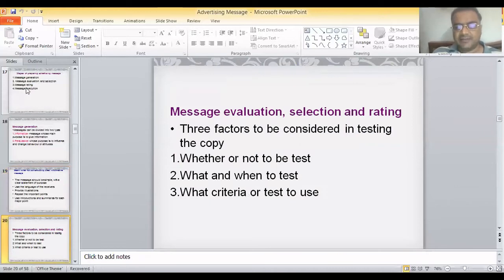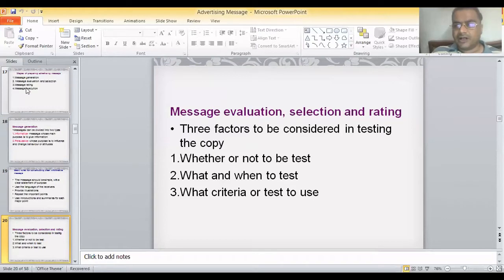Then the second step, message evaluation, selection, and rating. Basically, there are three factors which need to be considered in testing the copy of the advertisement. First is whether or not it should be tested.